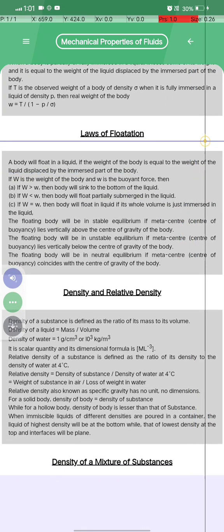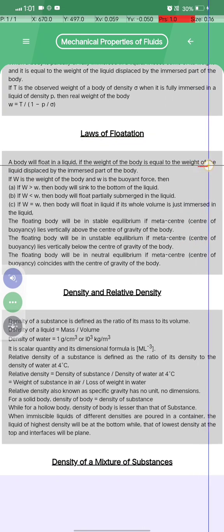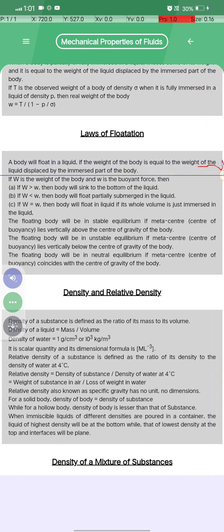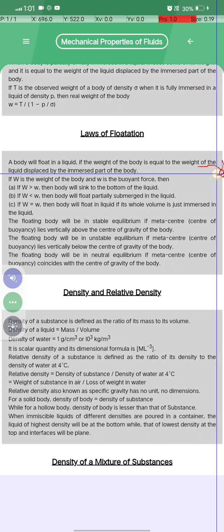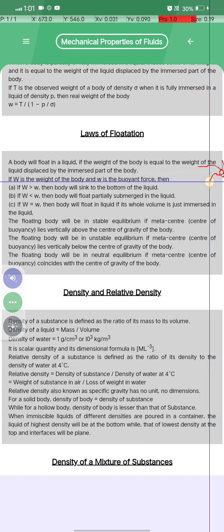Now, what is the law of flotation? A body will float in a liquid if the weight of the body is equal to the weight of the liquid displaced by the immersed part of the body. If W is the buoyant force and w is the weight of the body, and capital W is smaller than small w, then the body will sink to the bottom of the liquid.